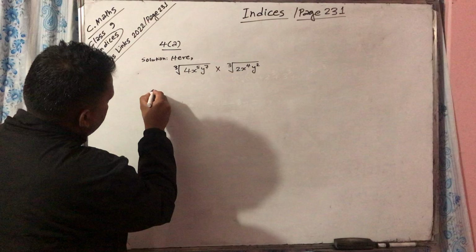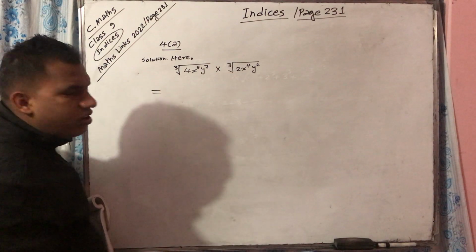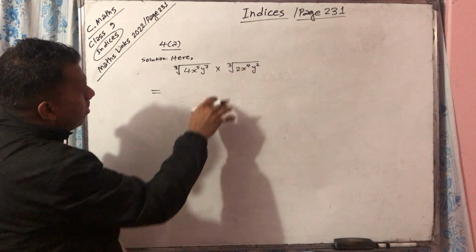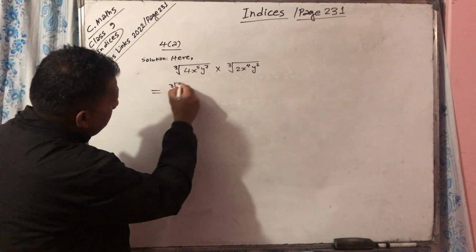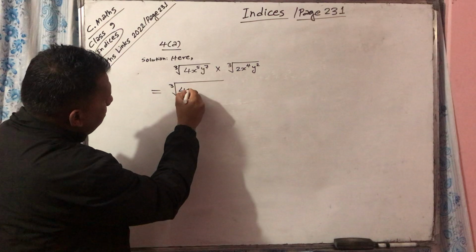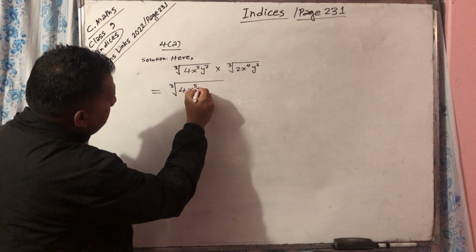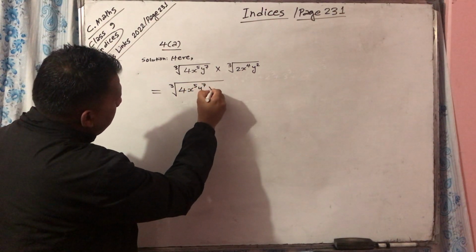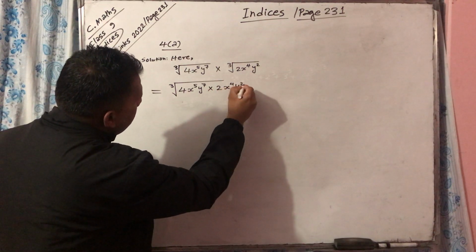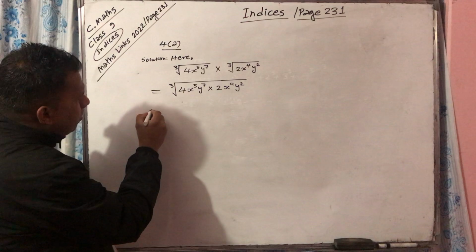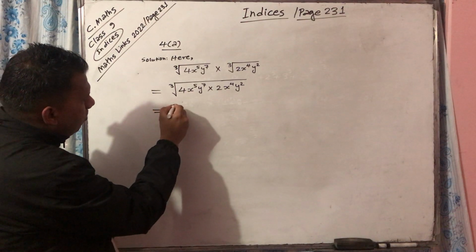This equals to, since the order is the same, cube root, this is also cube root, so putting together in a single root. Cube root of 4x to the power 5 y to the power 7 multiplied with 2x to the power 4 y square.